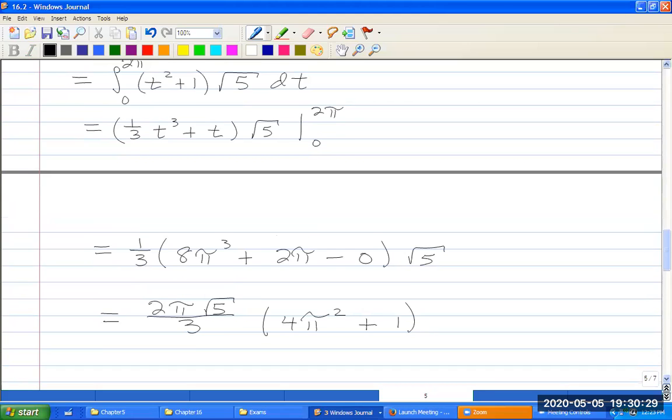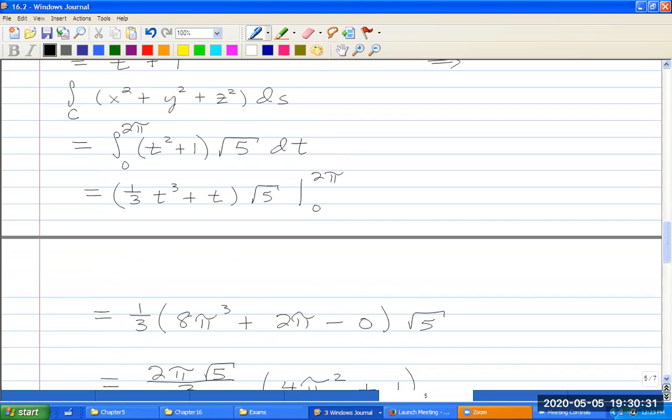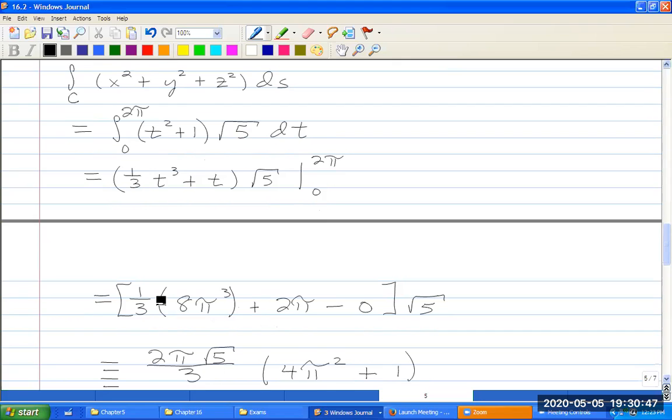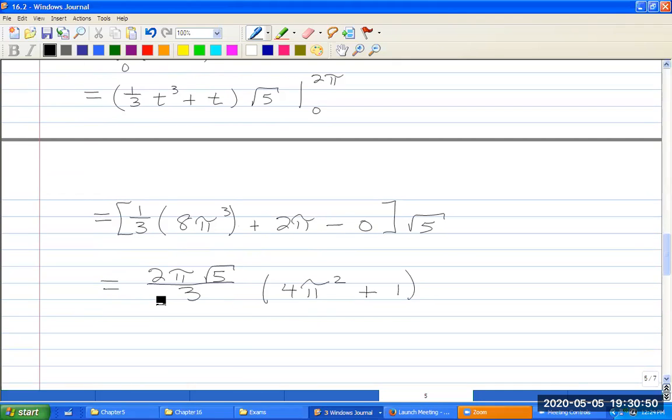Oh, wait. That's okay, here, wait 1 second. I have an error. I have a parentheses error. The 1/3 times 8 pi cubed.